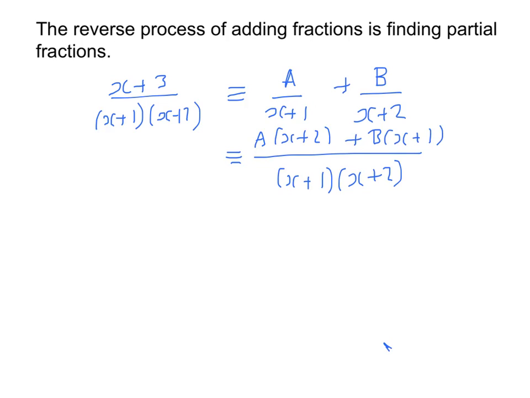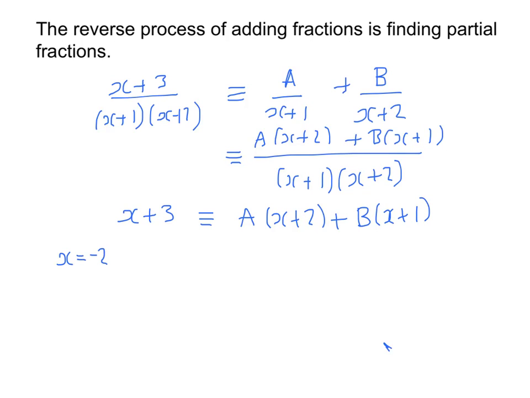They've also got the same denominator, so that tells us that the numerators must be equal. So x plus 3 must be equal to A times x plus 2 plus B times x plus 1, and that must be true for any value of x, because that's how we've set it up. We said it was always equal. So what we can do then is choose any value of x we like, and I'm going to choose x equals minus 2 first of all.